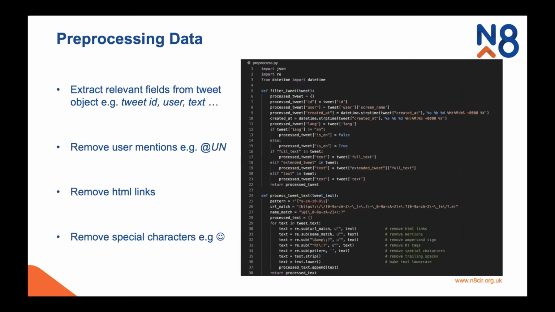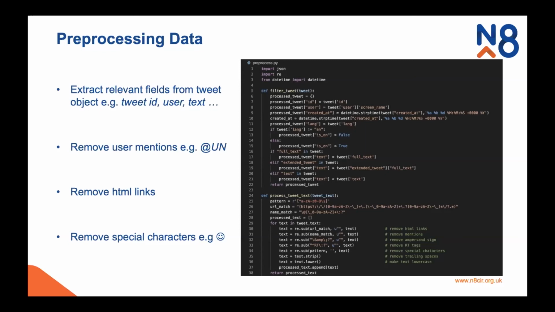Now, after we've collected this data, in order to make good use of it, it's important that we do some pre-processing. Python provides a lot of packages to process data. For example, we've collected the tweets, so it has a number of fields.